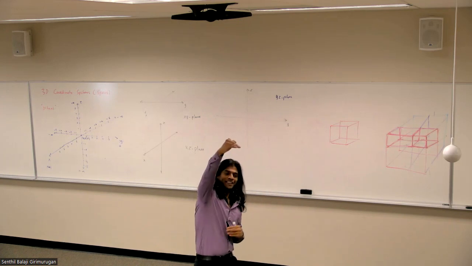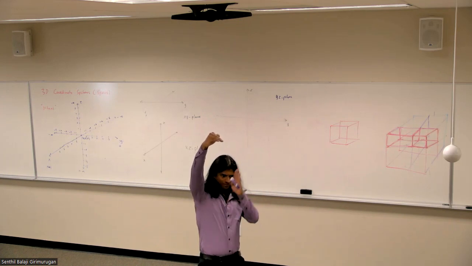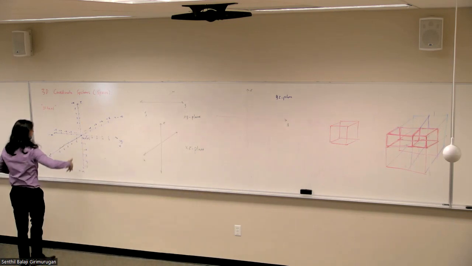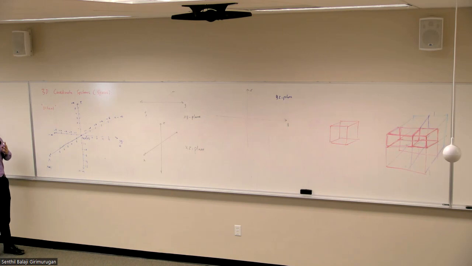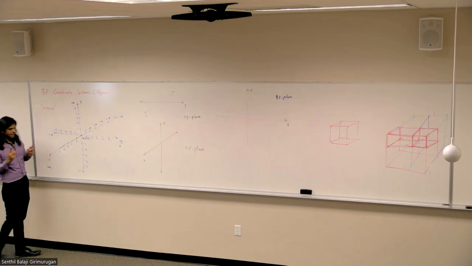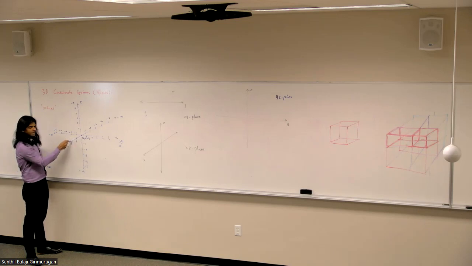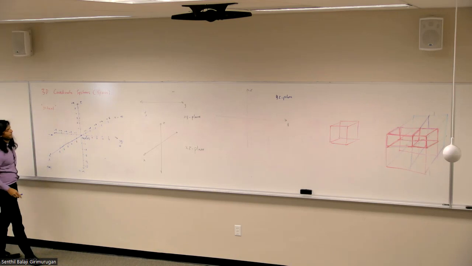So I'm right here somewhere. I want to sketch that point here. Where should I start? Origin is a good place to start. So 2 steps along the x-axis, forward. I'm going to do positive, positive, positive. So 2 steps forward here, and 4 steps. Let me go forward this way.